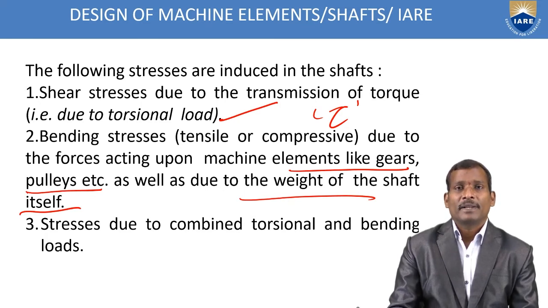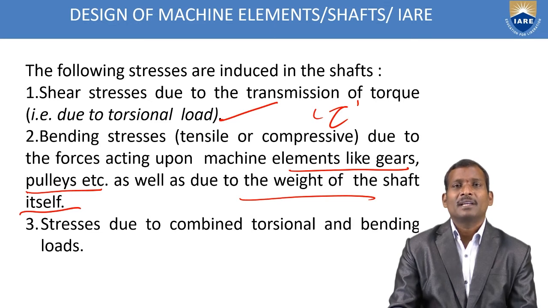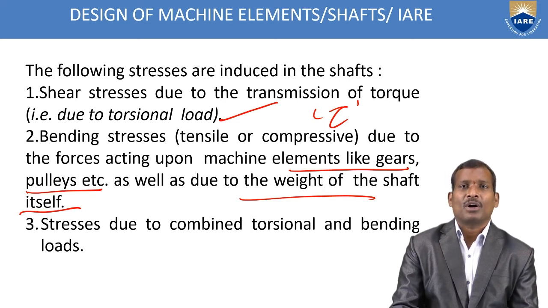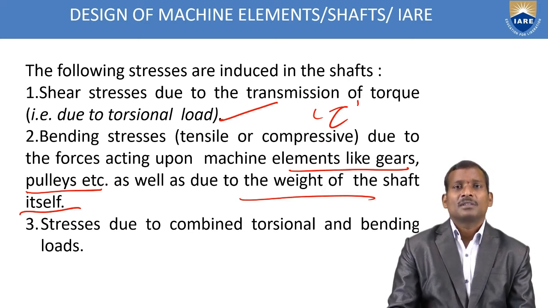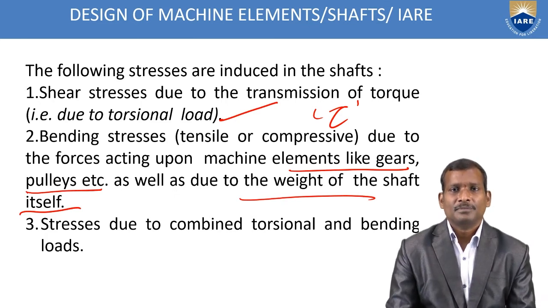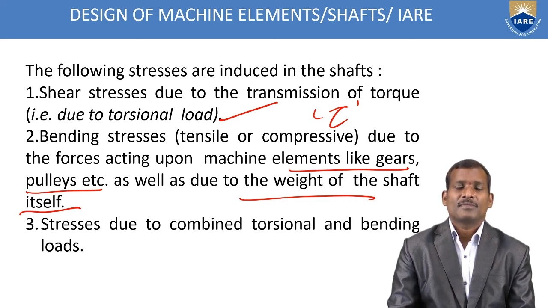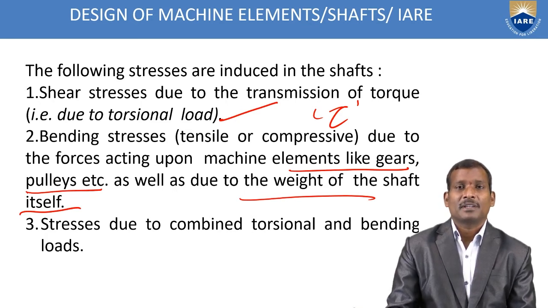So when the shaft is subjected to twisting moment or torsion load, in that case we need to calculate shear stresses. Why? Because due to the transmission of torque, due to the torsional loads, shear stress will be induced. Not direct shear stresses, torsional shear stresses. Similarly, bending stresses. What are the forces acting upon the elements? That is, machine elements.